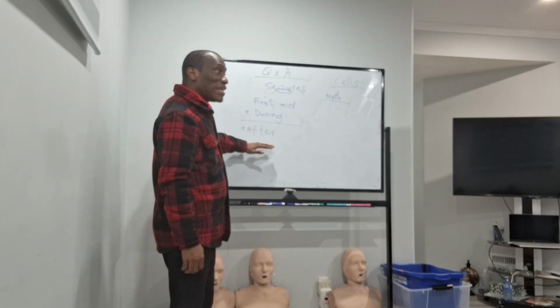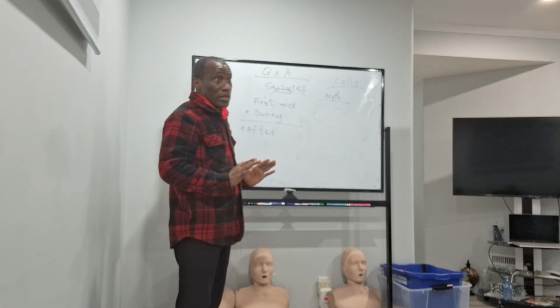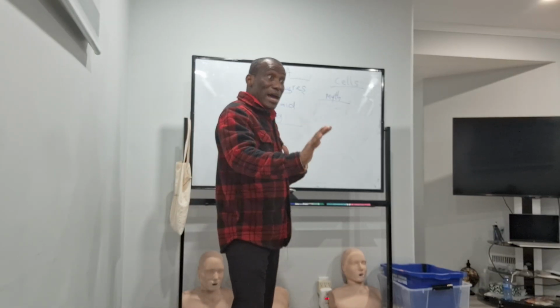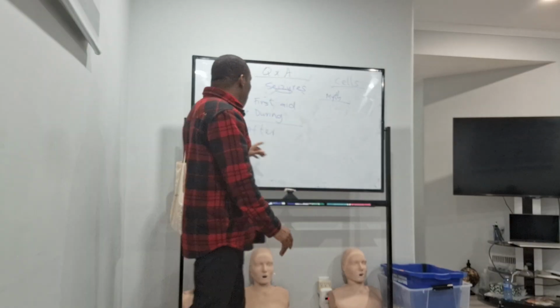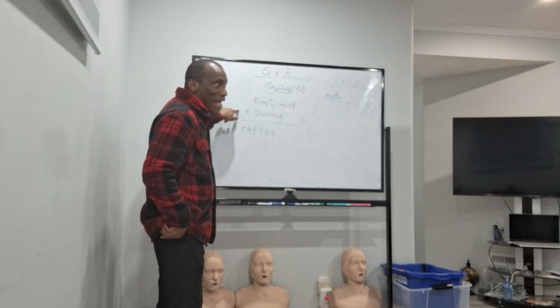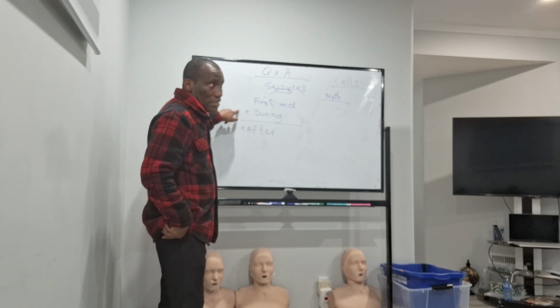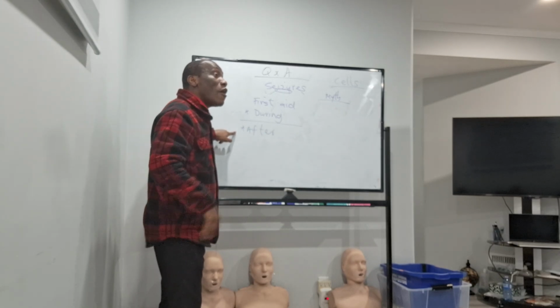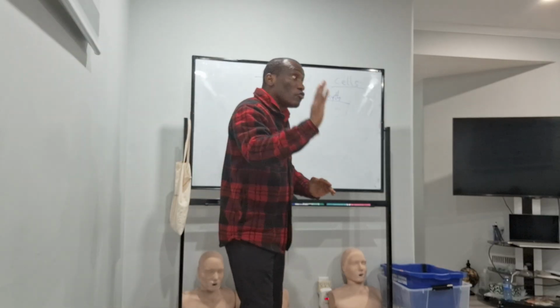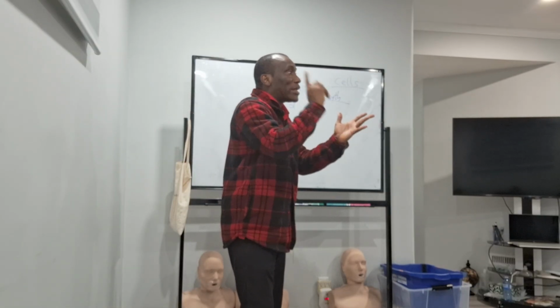And then after seizure, when they come back, your work there is to help them to settle and do your primary survey. So you do the primary survey after, not when they are actively seizing. When the seizure has stopped, you quickly assess RABC.